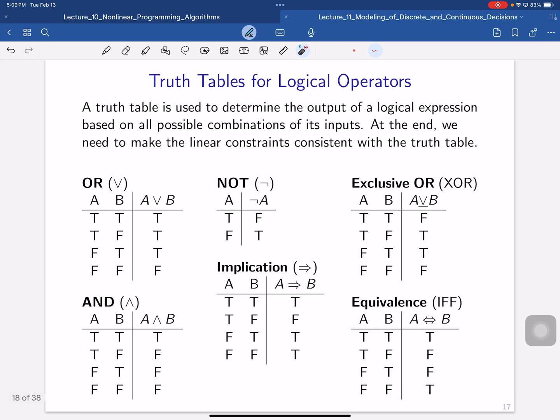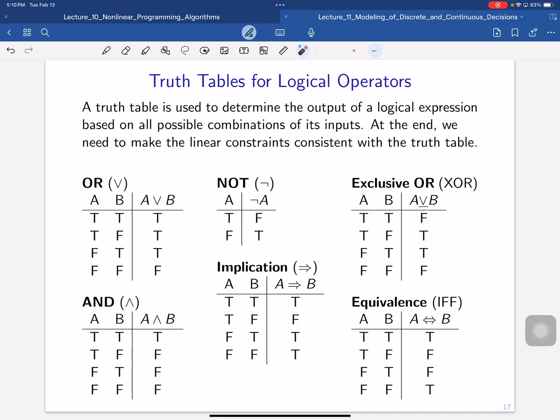So if this is not intuitive, you must have heard about this thing called the truth table, right? So if you look at the OR operator, in the first two columns, we are outlining the values of A and B. The third column is the values of A or B. As you can see, when you are doing this OR operator, if one of A or B is true, then A or B will be true, right?